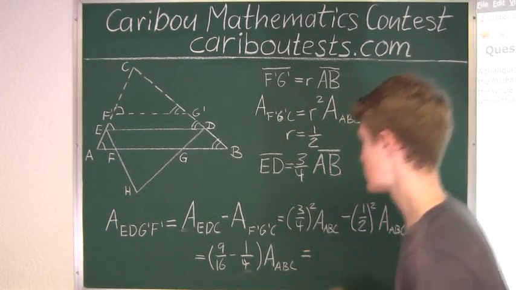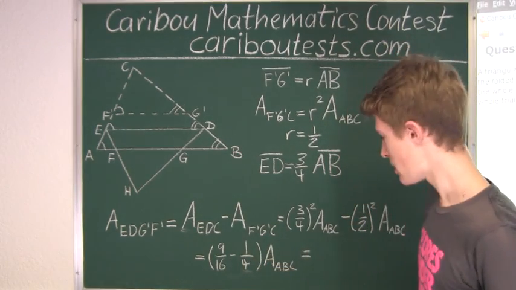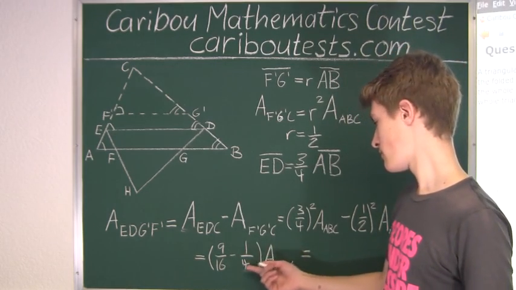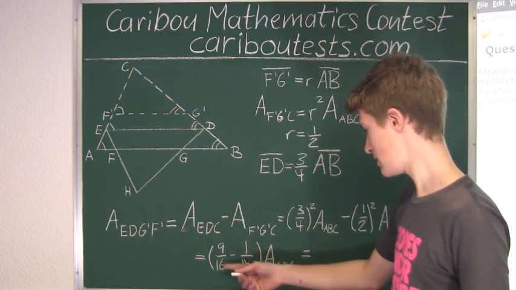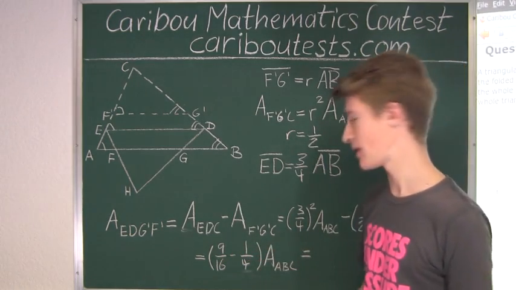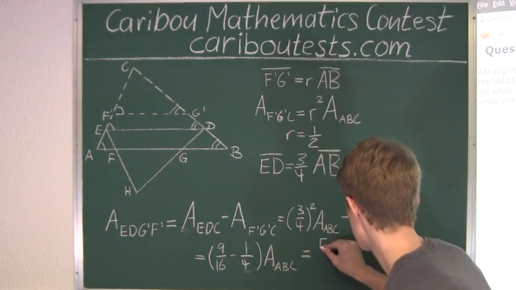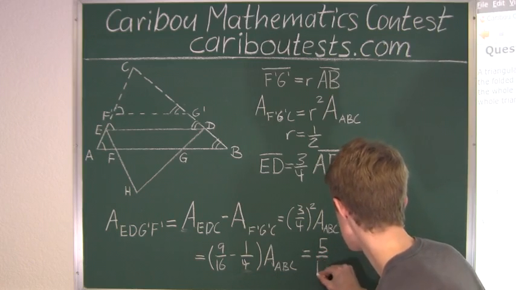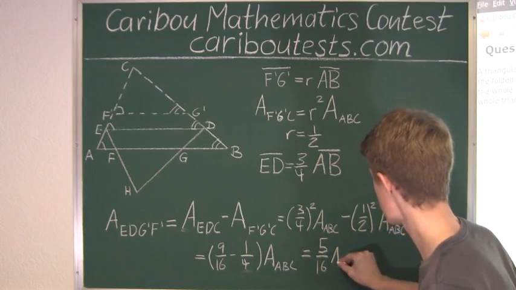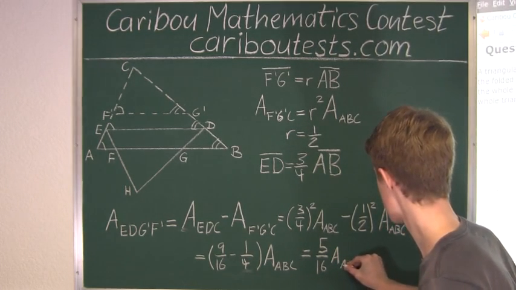Since we want a common denominator, the lowest common denominator of 4 and 16 would be 16. So we have 9 over 16 minus 4 over 16, which is 5 over 16, times the area of the large triangle ABC.